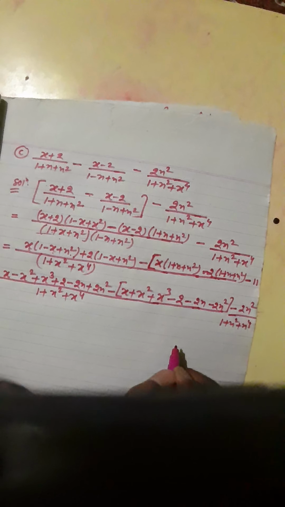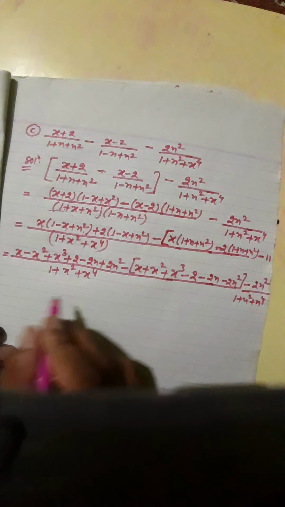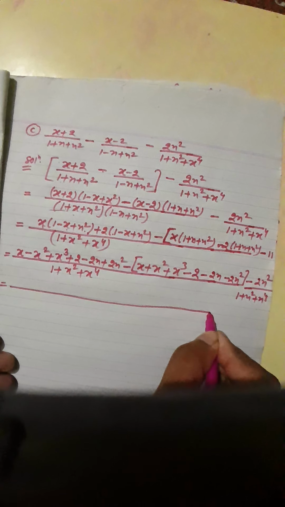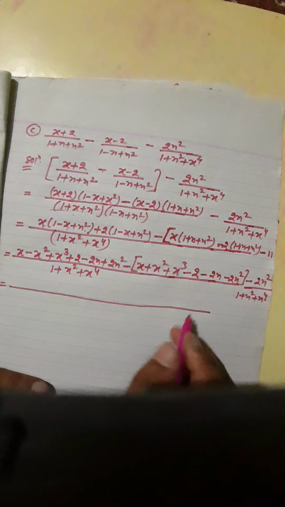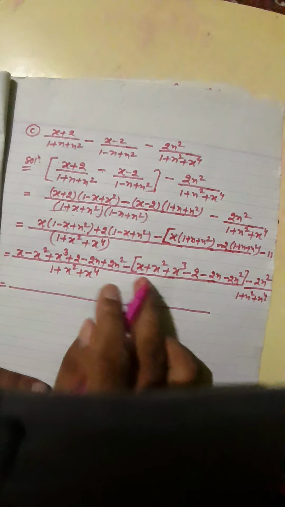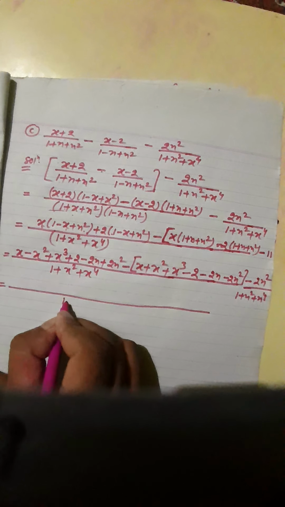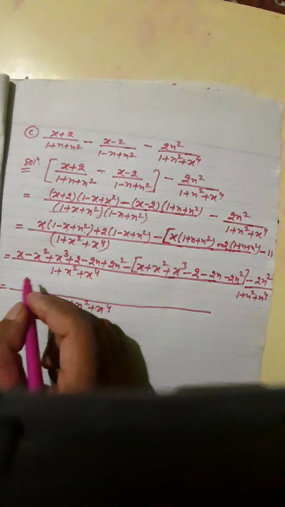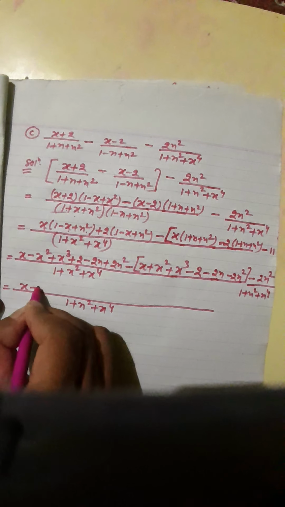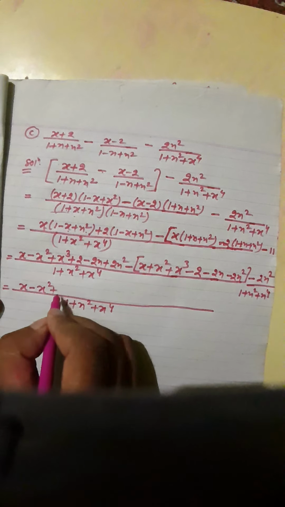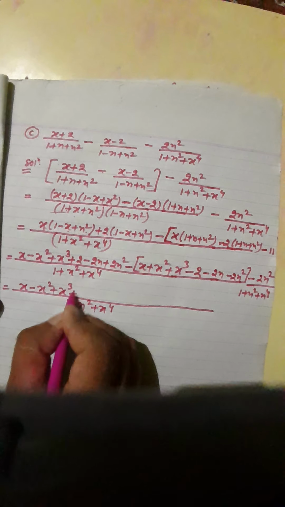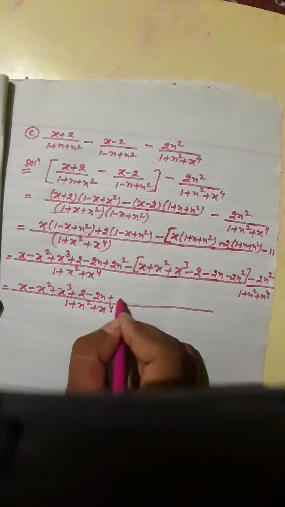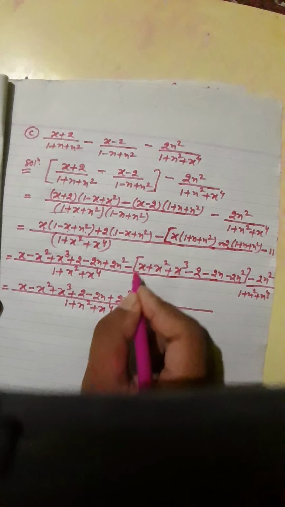Okay, after this, here the multiply is finished, but now this bracket we have to open. This is remaining 1 plus x square plus x to the power 4. Upside let's write same: x minus x square plus x cube plus this 2 minus this 2x plus this 2x square minus this x.